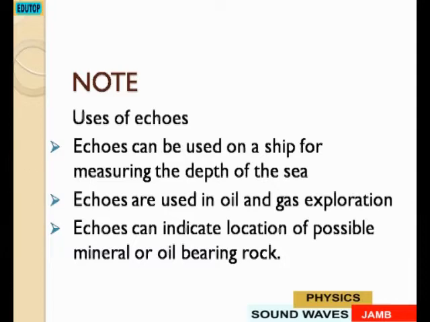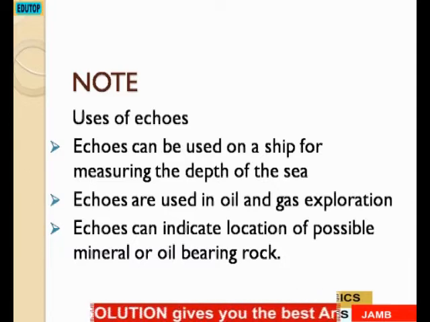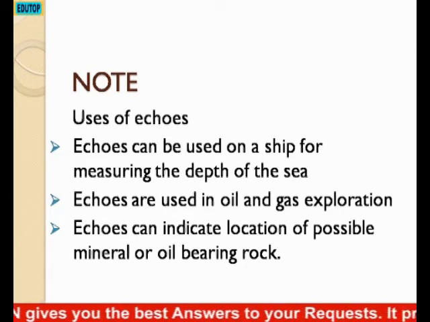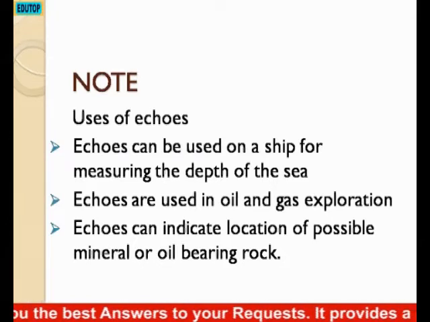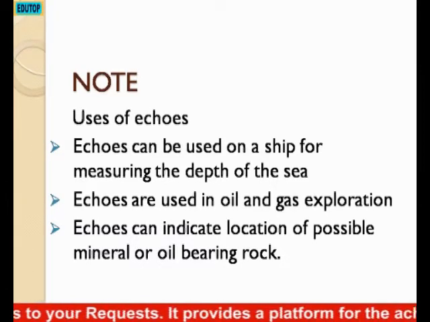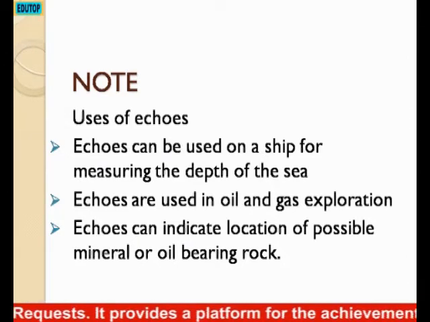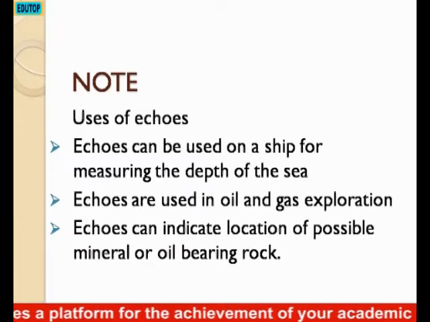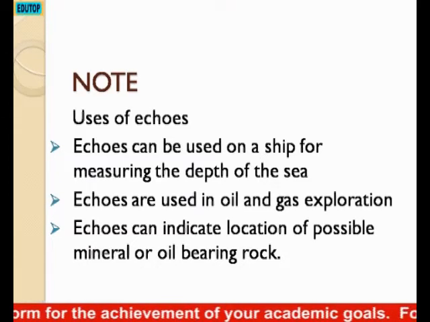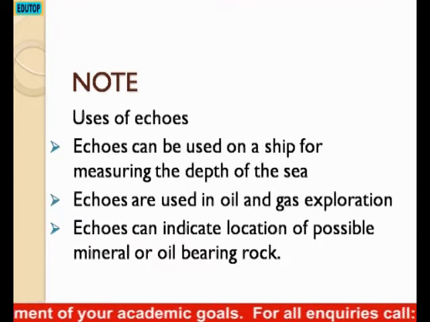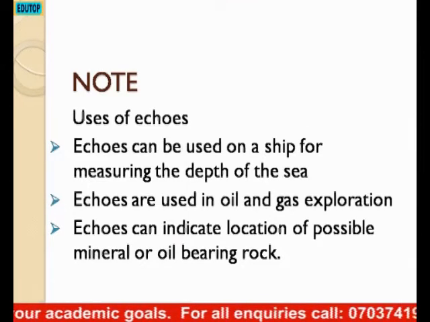Number one, echo can be used on a ship for measuring the depth of the sea. Number two, echo is used in oil and gas exploration. Number three, echo can indicate the location of a possible mineral or oil-bearing rock.